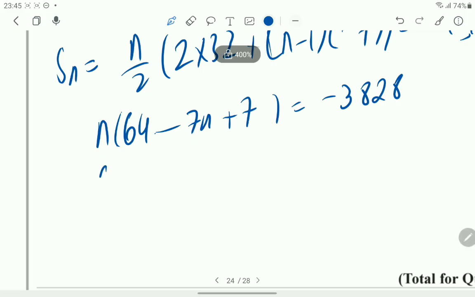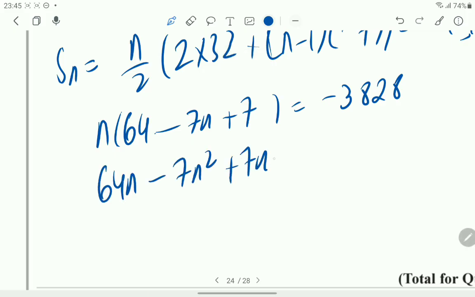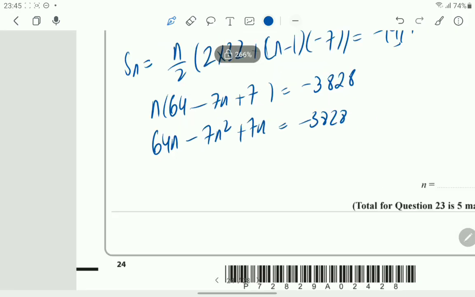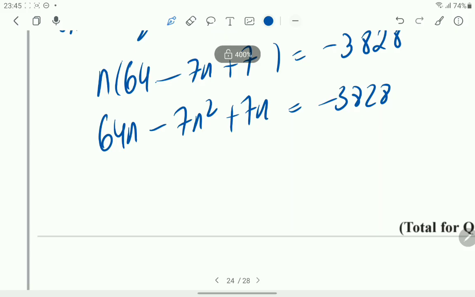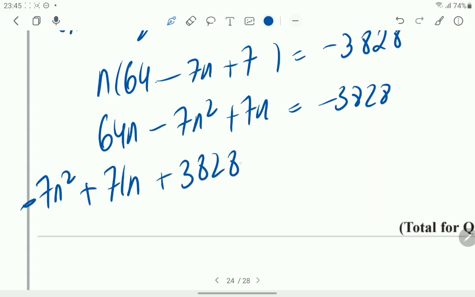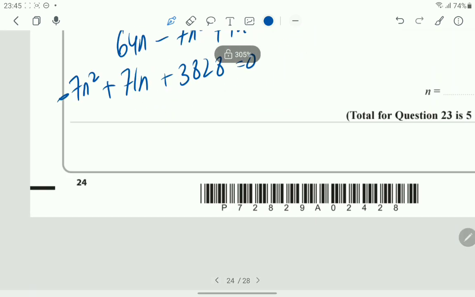So we get 64n minus 7n squared plus 7n equals minus 3828, bringing it here to form a quadratic equation. We get 64 plus 7 is 71n, so negative 7n squared plus 71n plus 3828 equals 0.